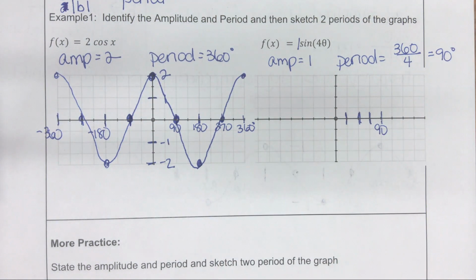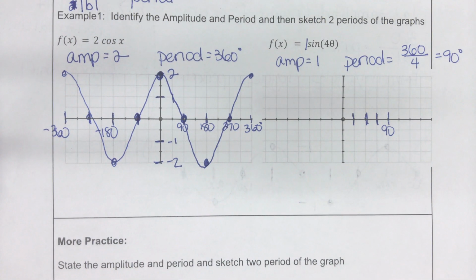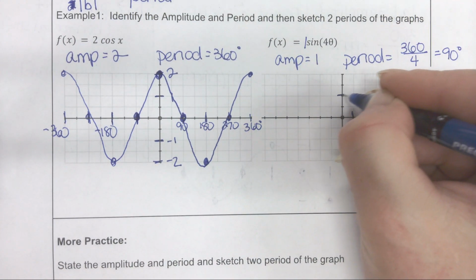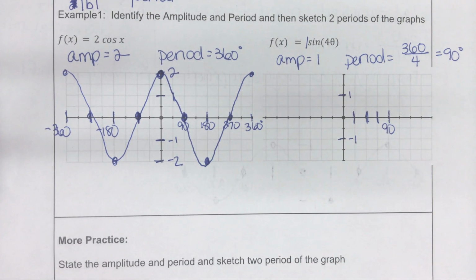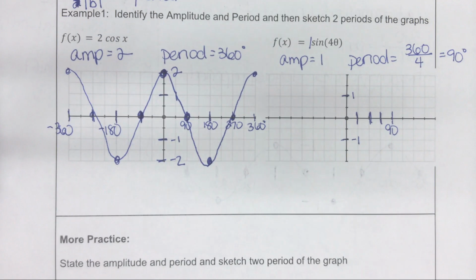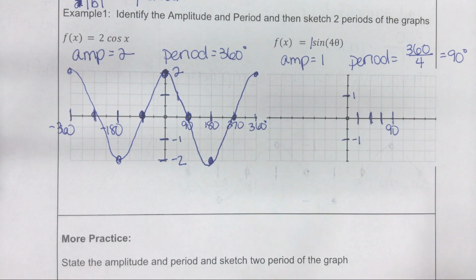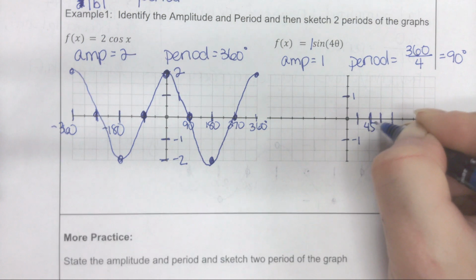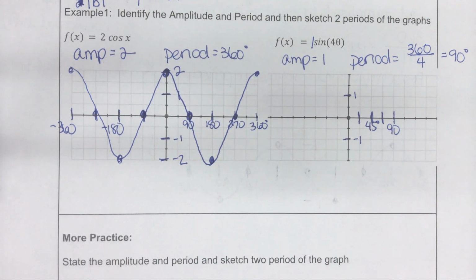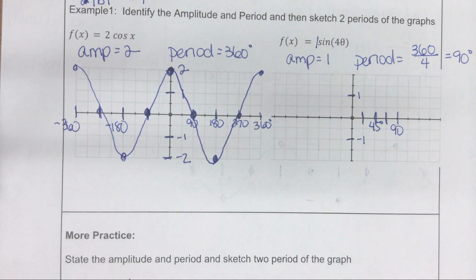I'm going to keep this the same, but I'm going to have to squeeze it in there. Now there's not a lot of space in here to put everything, so let's at least do this is 45 degrees, right? And then sine starts in the middle of the wave, so we're going to start this at 0.